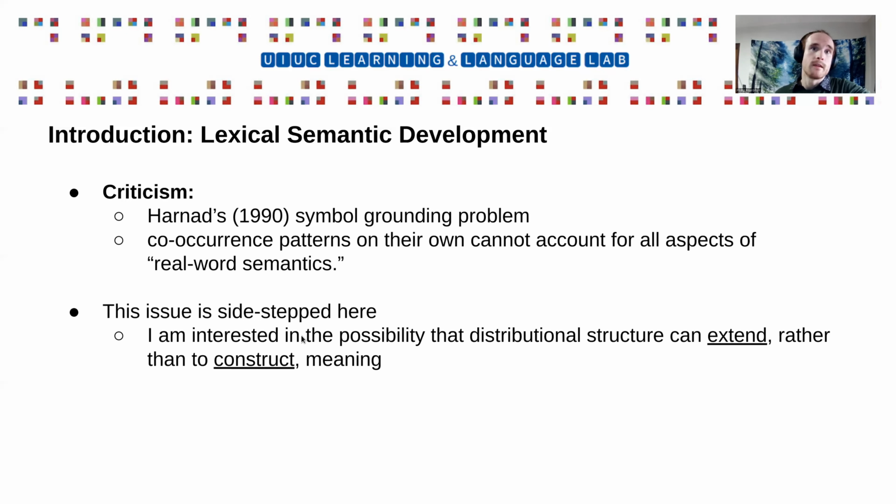So the language statistics that I will use to train the recurrent neural network, I will not consider to be knowledge proper of the meaning of words, but simply statistical knowledge that can be useful in helping extend existing meanings that the child already has available.